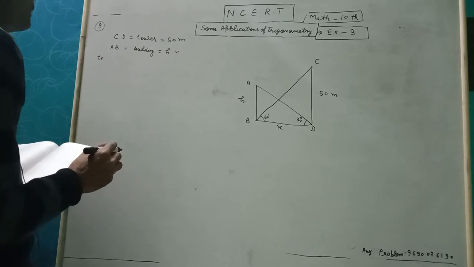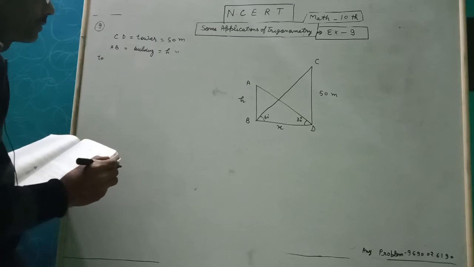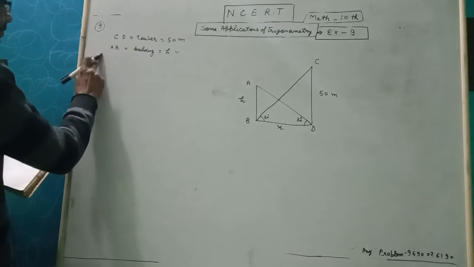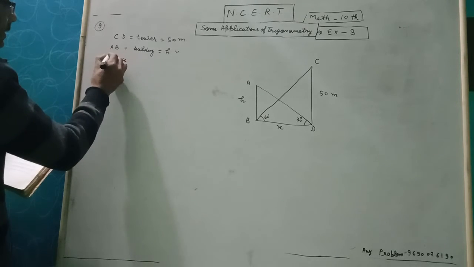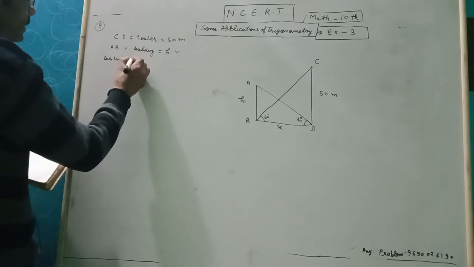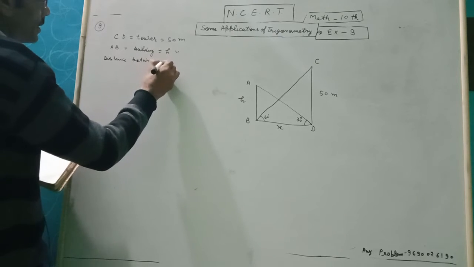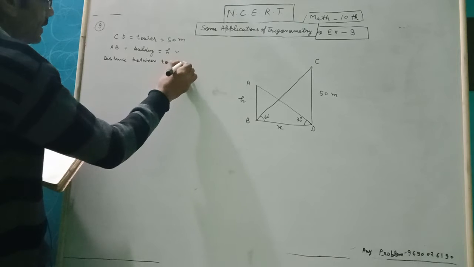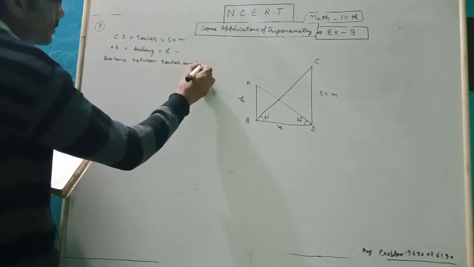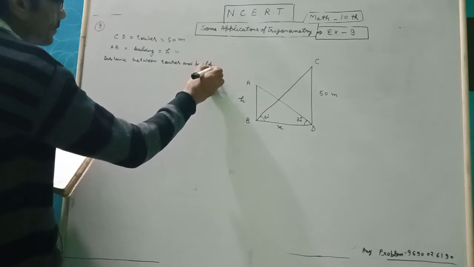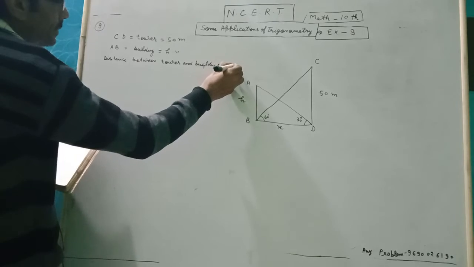Tower height is 50 meters and AB building is equal to h meter, and the distance between tower and building BD is equal to x meter.